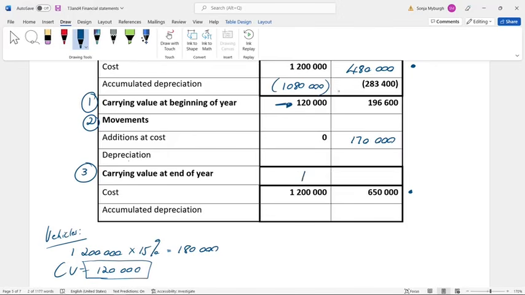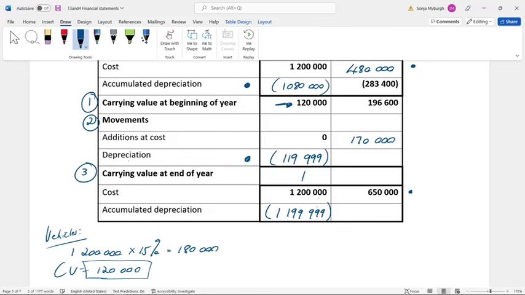So the most depreciation that I can write off is 119,999 Rand. So that the total accumulated depreciation at the beginning of the year, plus the new depreciation will give you 1,199,999 Rand.